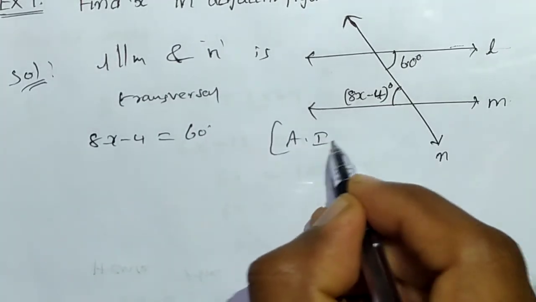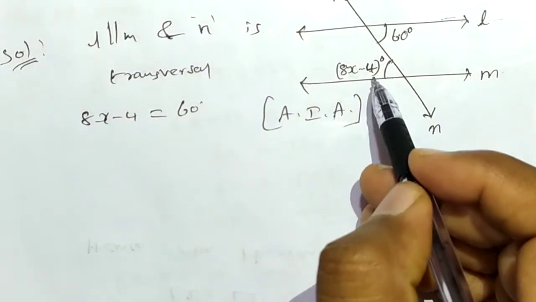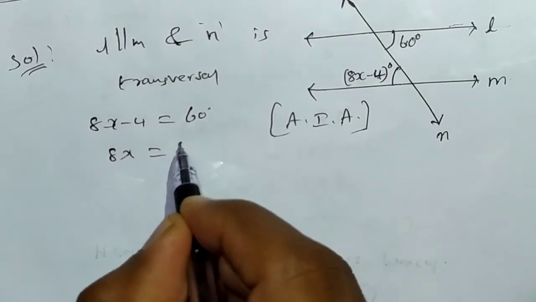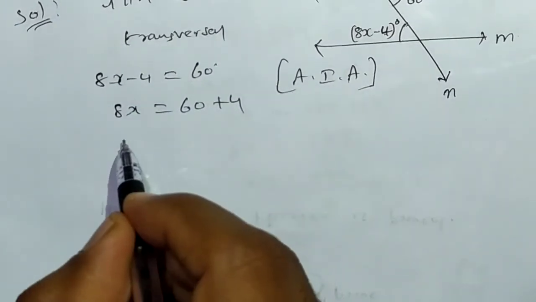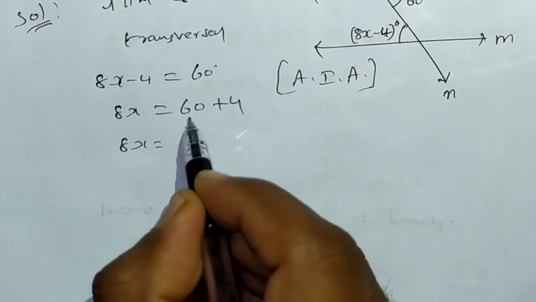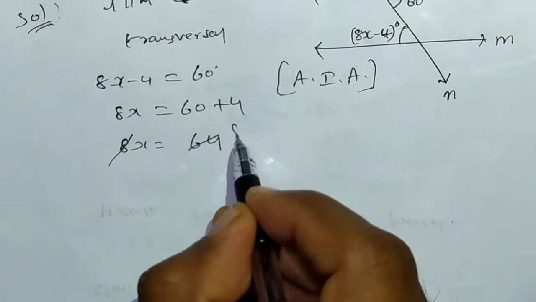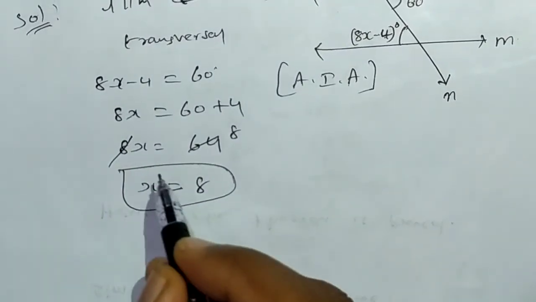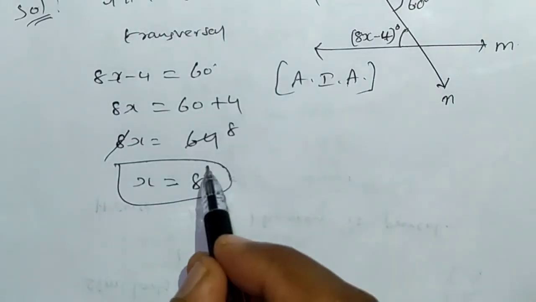Keep in your mind, alternate interior angles are equal. Then 8x equal to, transfer 4 from left to right, it will become plus 4. 8x equal to 60 plus 4, 64. Now cancel it, 8 ones are 8, 8 eights are 64. x equal to 8, right? The question is to find the x value in the adjacent figure. The x is 8.